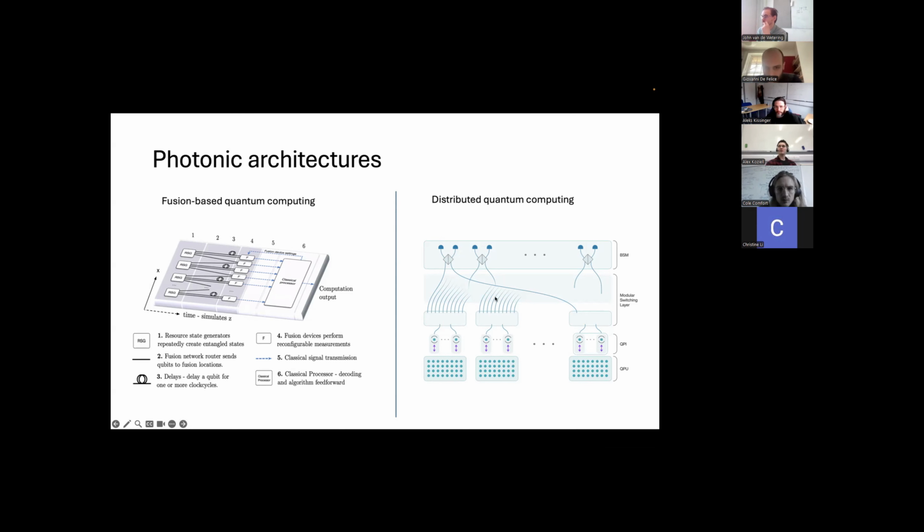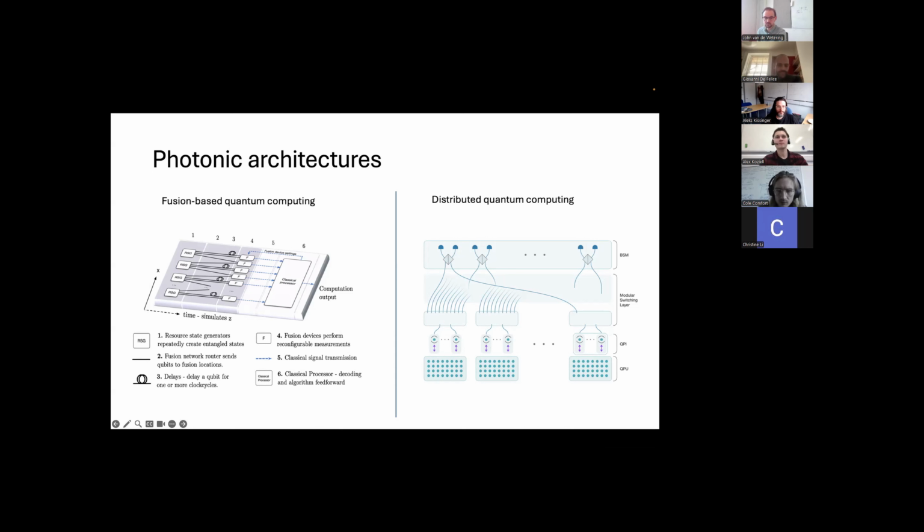Similarly, on the right, this doesn't have to be photons, but they could represent ions, for example, or what they call QPUs, which would be small machines where you have all-to-all connectivity, and you can perform as many circuits as you want. And then this is a way of interconnecting different modules. So you would have ions that generate photons from the different modules. And then these photons go into a routing part, which puts them into some beam splitters and measurements.